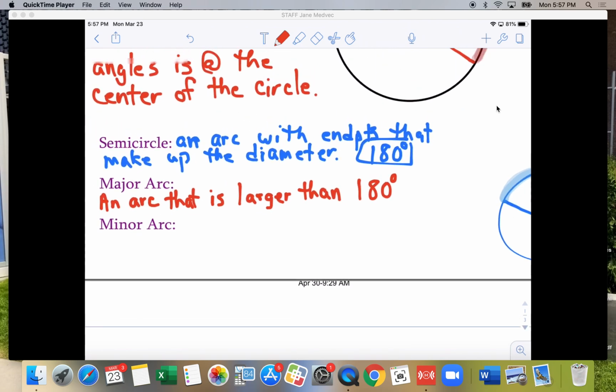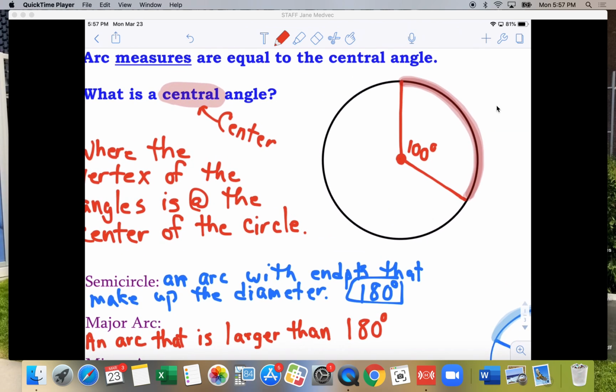If I take a look at my circle up here, let's call this point A, let's call the vertex B, and let's call this vertex C. Major arcs are named with 3 letters and are greater than 180 degrees.